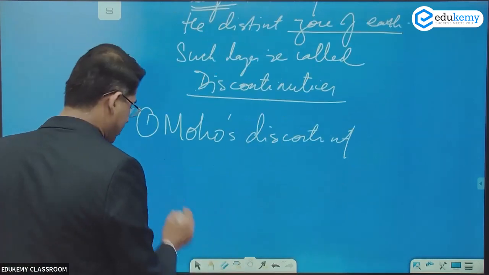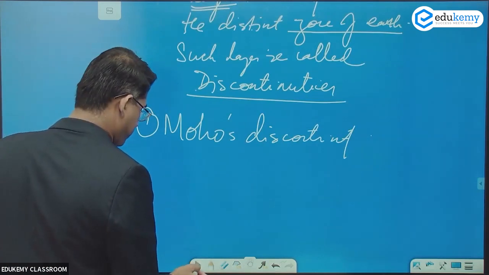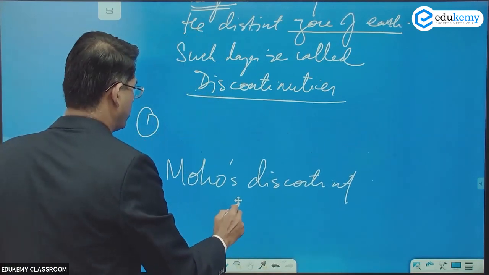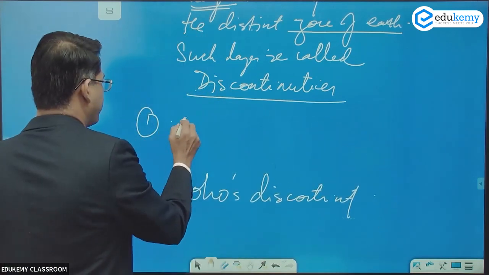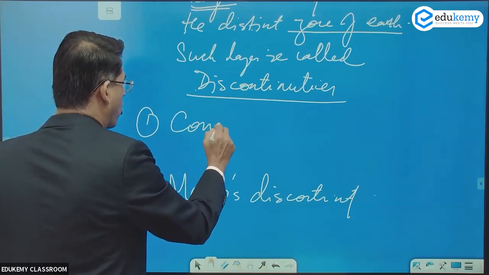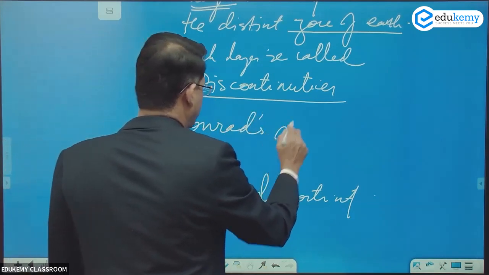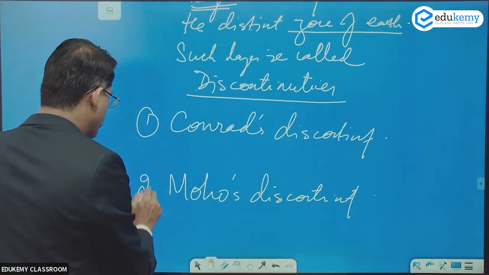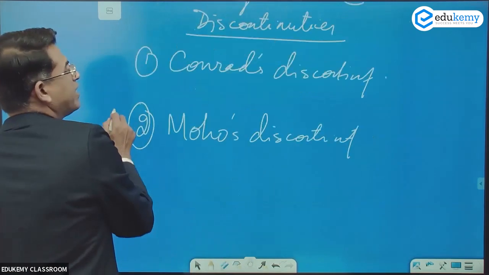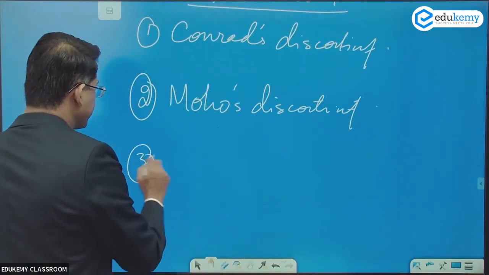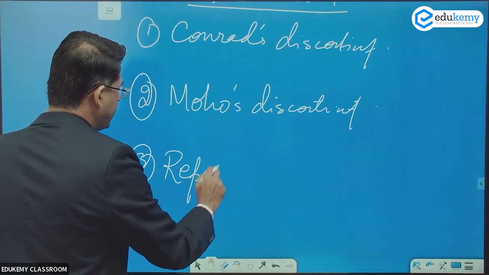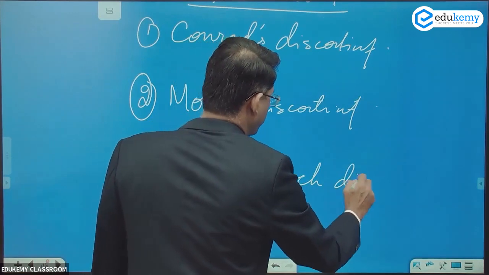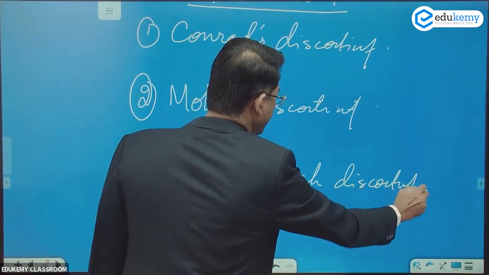Okay. In fact, Moho को बाद में करते हैं. Moho को नीचे रखो. We have Conrad's discontinuity. Number 2 is Moho's discontinuity. Number 3 is Repetle or Birch discontinuity.